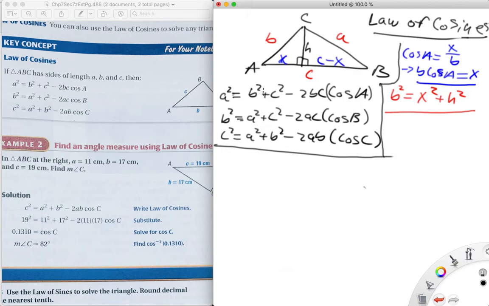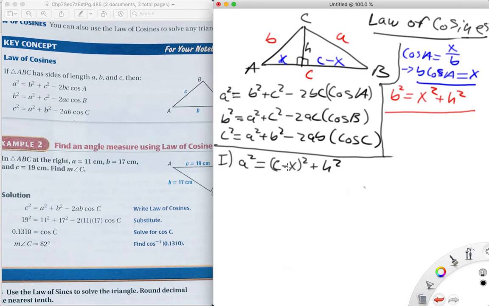And we're going to use the Pythagorean theorem to say, on the other side, looking at this A, we can say that this is hypotenuse, so A squared is equal to (c minus x) squared plus h squared. Okay. C minus x squared.